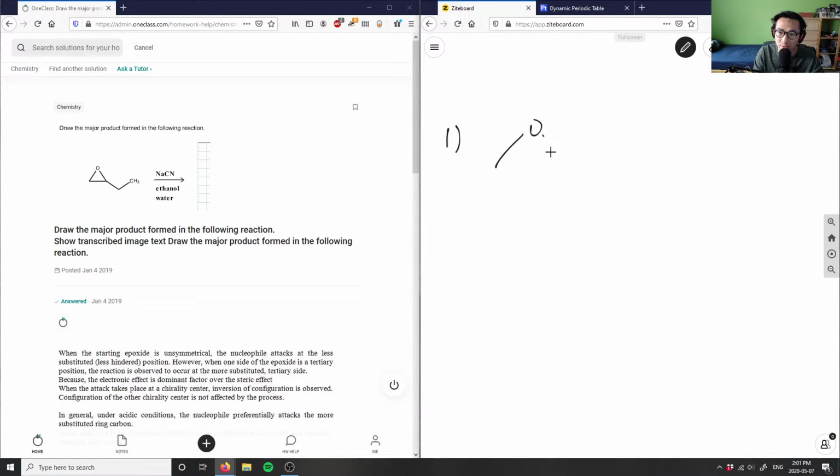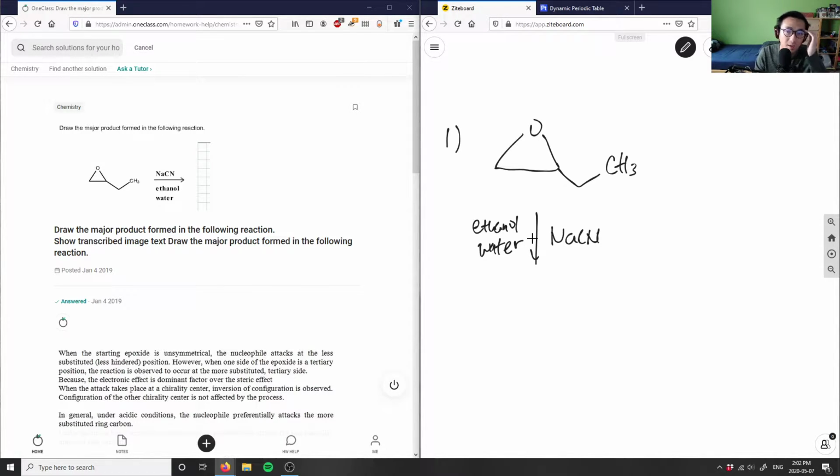I didn't draw it really nicely here, but this is an epoxide, and then I have this ethyl chain here. I'm going to react it with sodium cyanide, with ethanol and water as our solvent. So what would that do to our epoxide here?